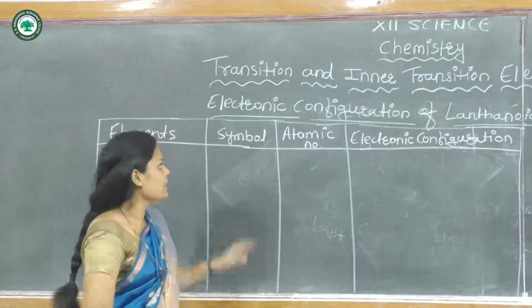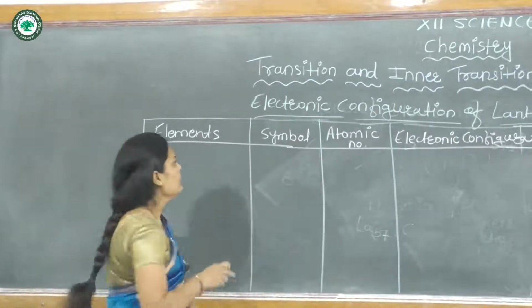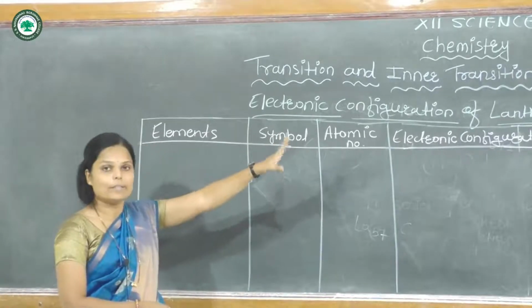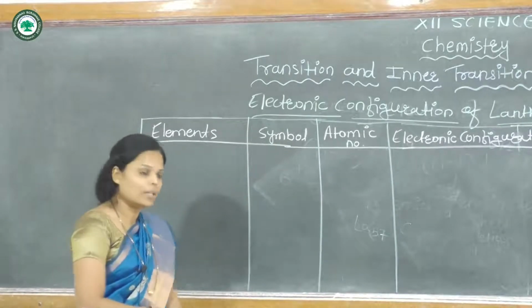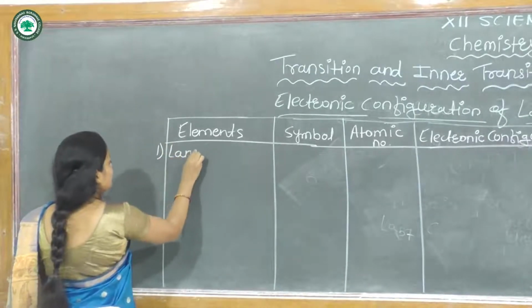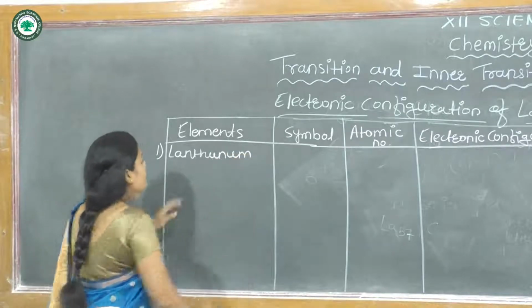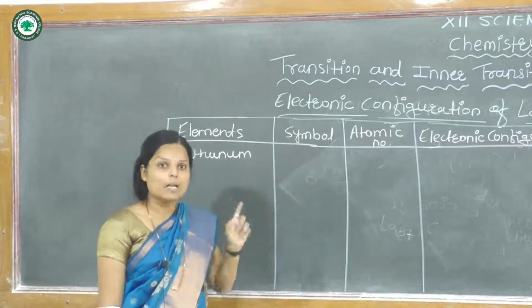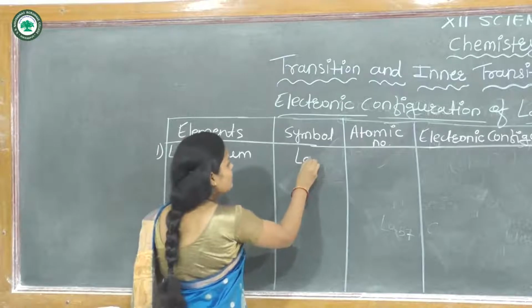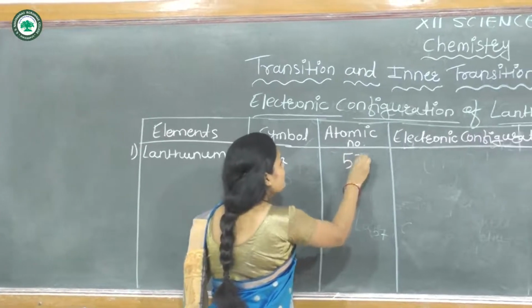Let's start. Our first element is lanthanum, the first element in the lanthanoid series. The symbol of lanthanum is La, capital L and small a, and its atomic number is 57.